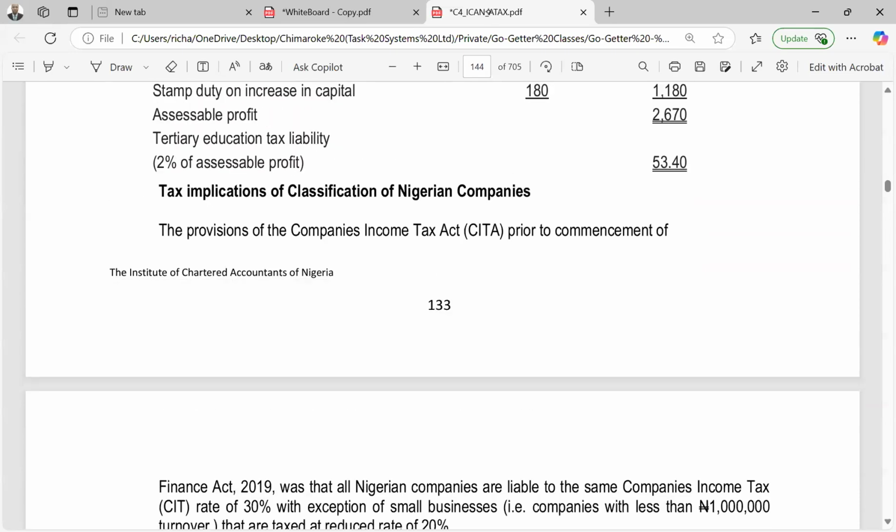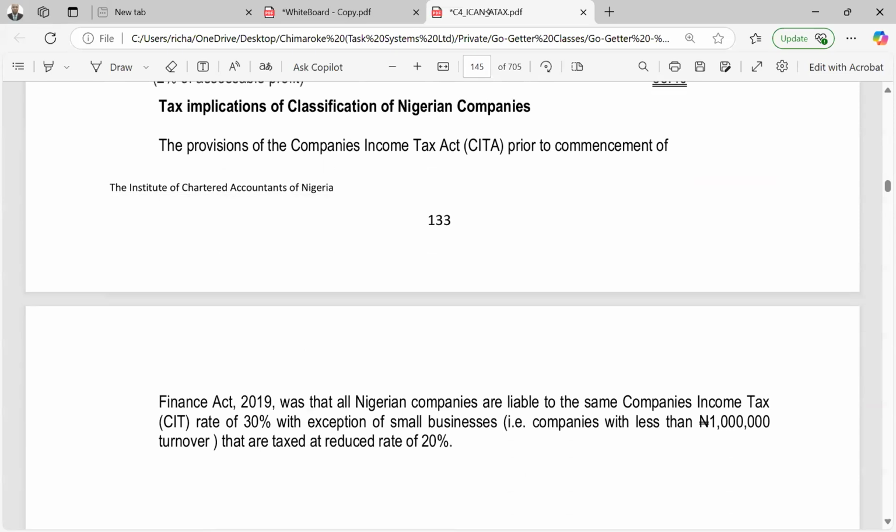Now, from Finance Act 2019, all Nigerian companies are liable to the same company income tax rate of 30%, with the exception of small companies. Prior to the commencement of Finance Act 2019, all companies were being charged CIT at 30%.